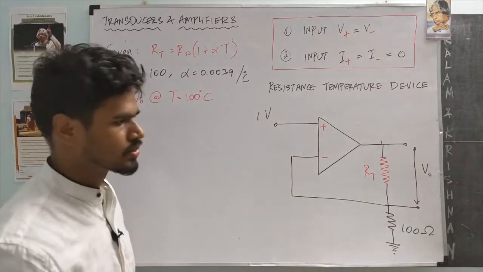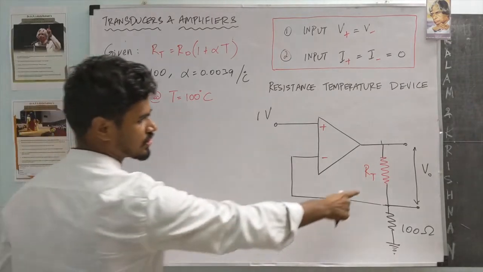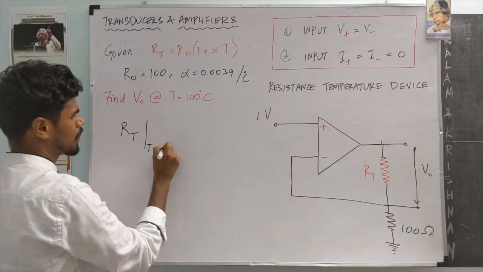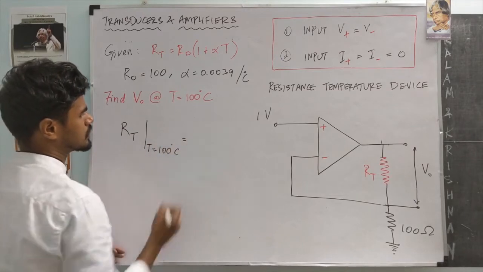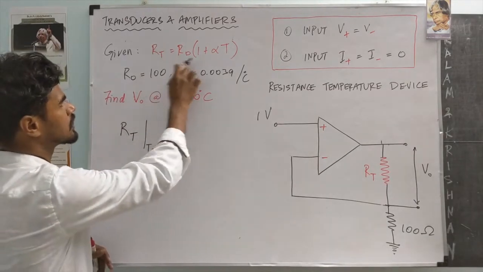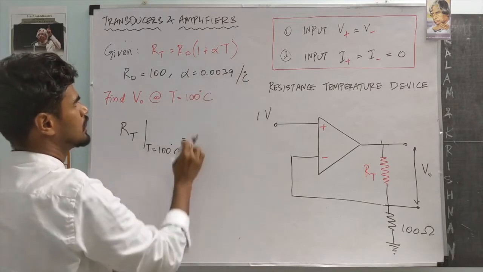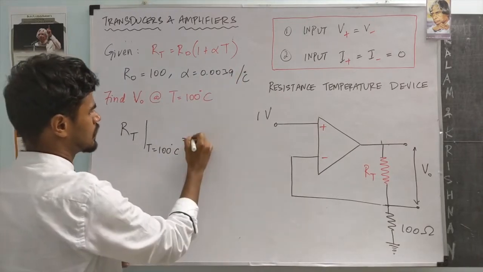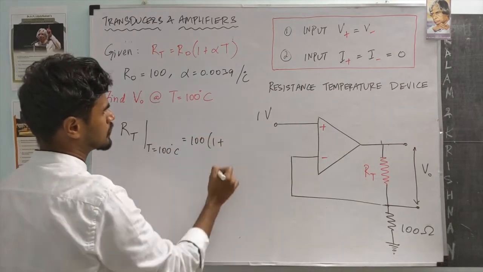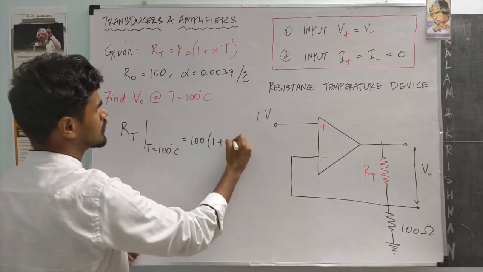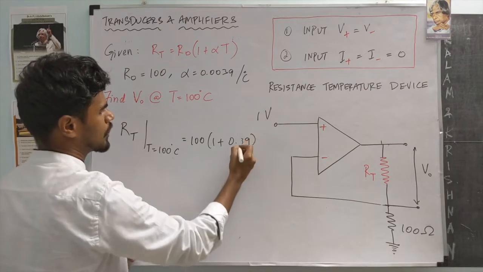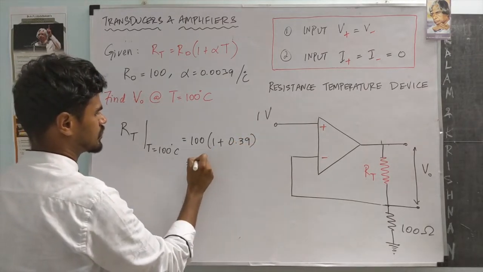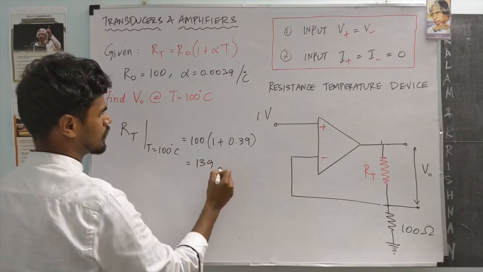This is pretty straightforward. Let's first find what RT is at T equal to 100 degrees Celsius. Just plug in the values here for R naught, alpha and T. Alpha is already per degree Celsius, so just plug in degrees Celsius. We have 100 times 1 plus alpha times T, where alpha T should be 0.39. So 1.39 times 100 should be 139 ohms.